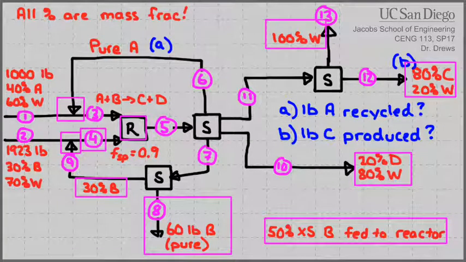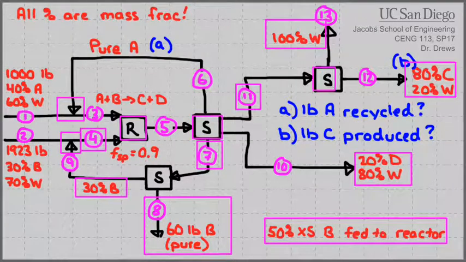And so the only things we don't know about our separator are things like stream 7 here and stream 11. But we can get 11 by doing a balance on this separator. We already know 10. We can get everything about 7 by doing a balance across this separator, because we know what's coming out.